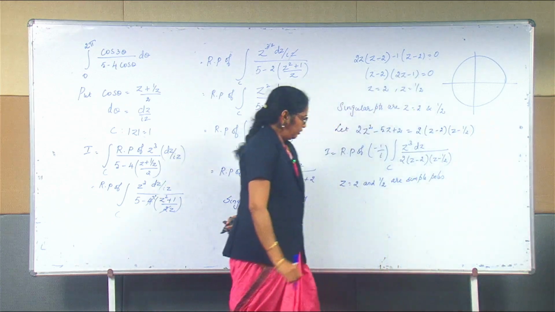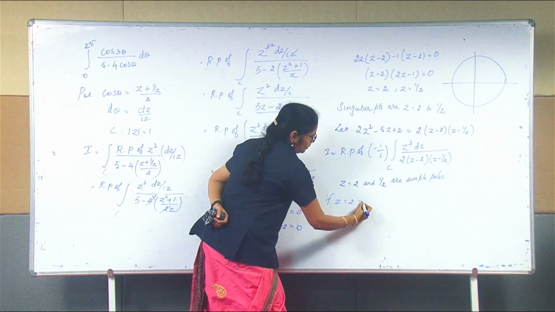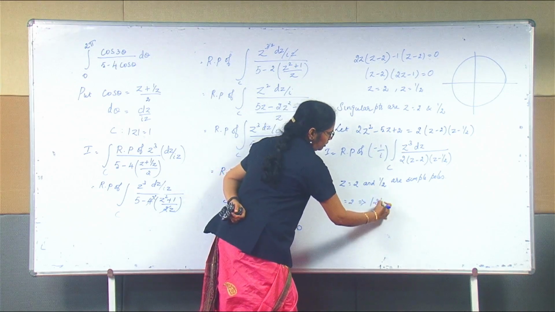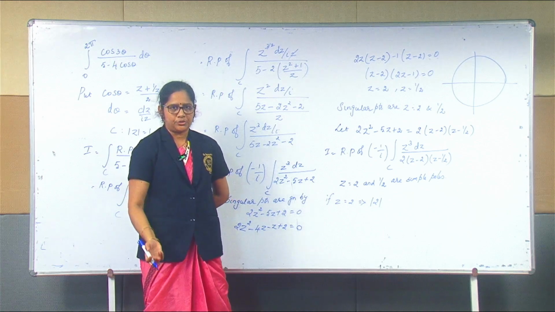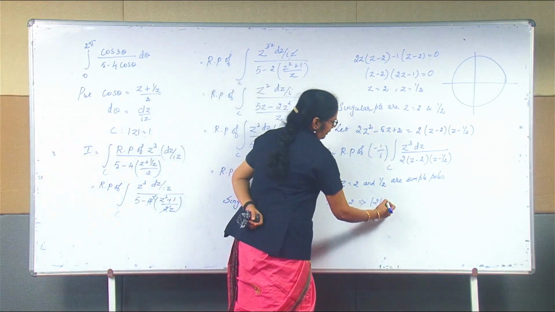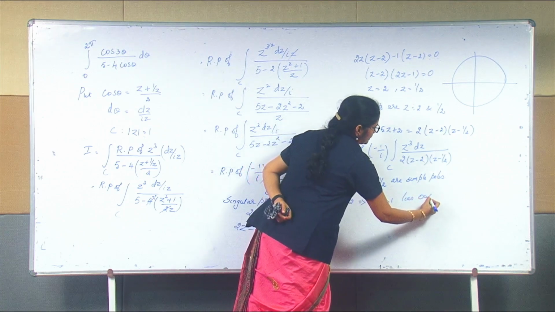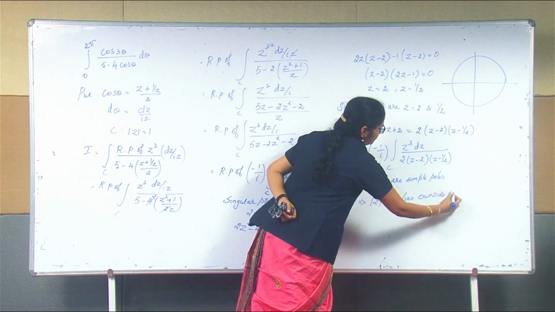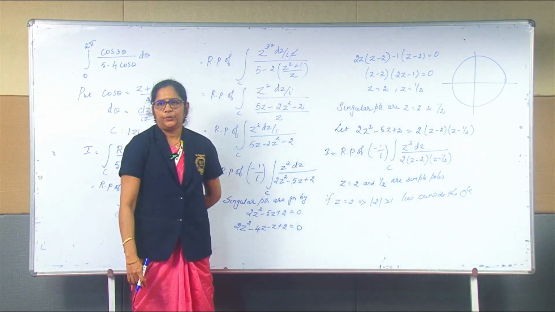So if z equal to 2, modulus 2 is 2, which is greater than 1, which means it lies outside the given unit circle.